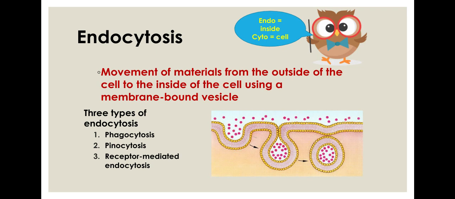Pinocytosis is cell drinking. So that's when those molecules are sort of dissolved in a liquid like water. Or we can have receptor-mediated endocytosis, where there are those receptors on the membrane that will only form a vesicle when we have enough of a substance.